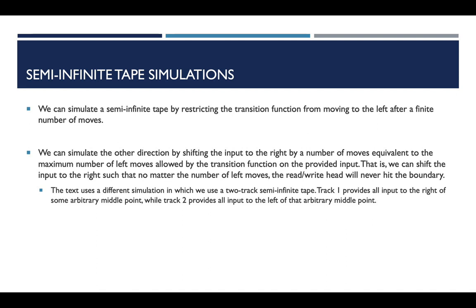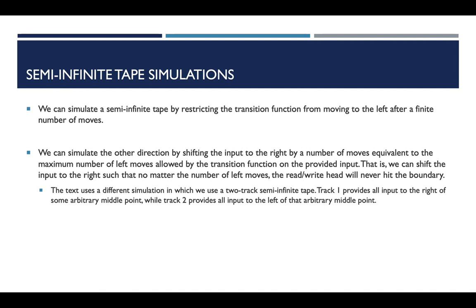The text uses a different simulation that might be more straightforward for some people to think about, and so I'll bring it up here. Basically what they do is they use a 2-track tape that is semi-infinite to simulate a completely infinite tape.